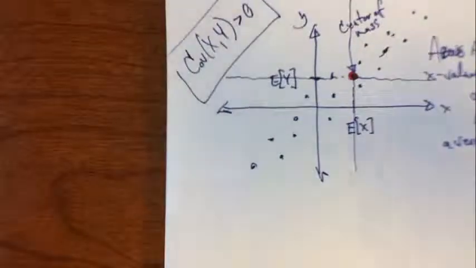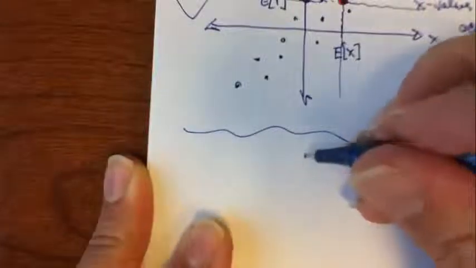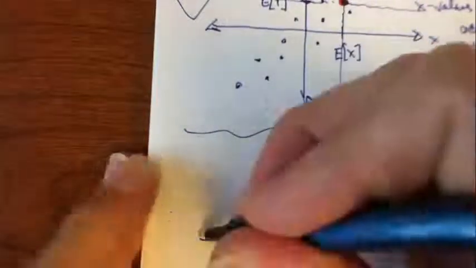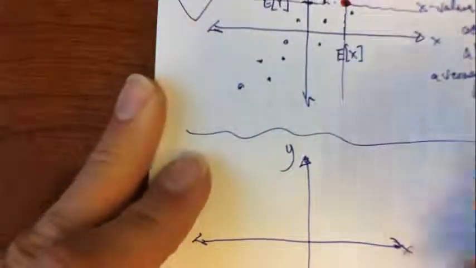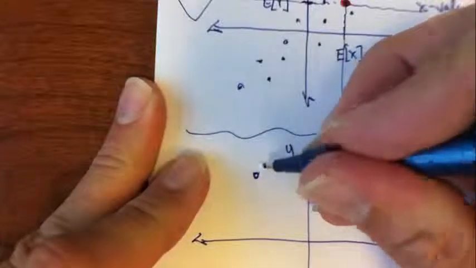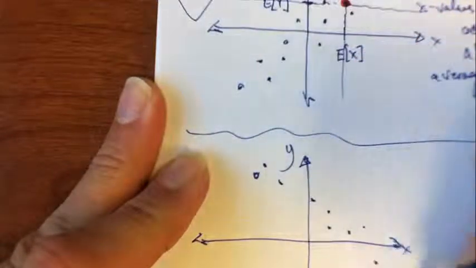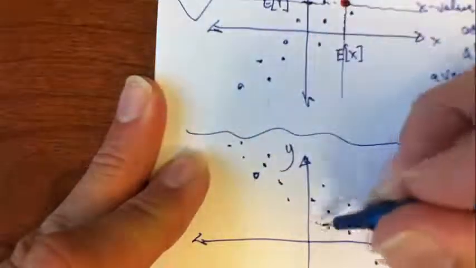On the other hand, what do you think would happen if you had a situation like this? If I had my x variable running horizontally again, y running vertically, what if this point pattern of data, or the distribution for that matter, runs this way?